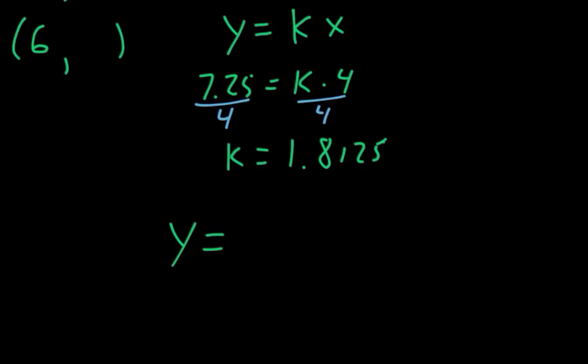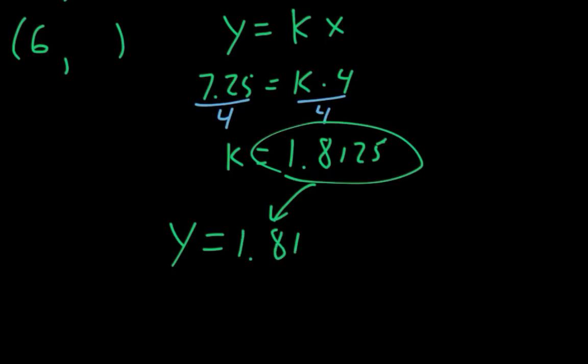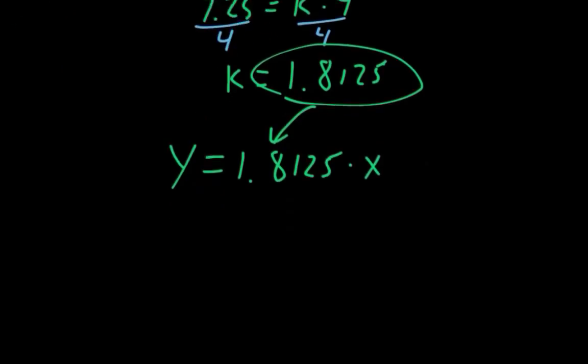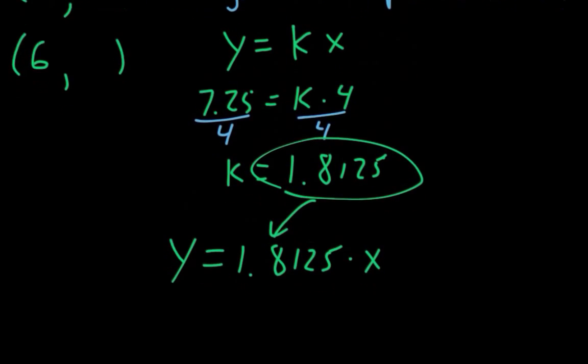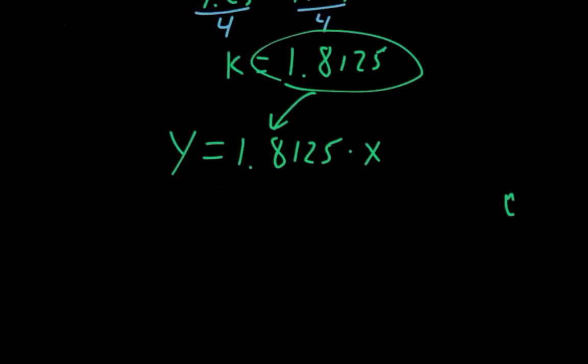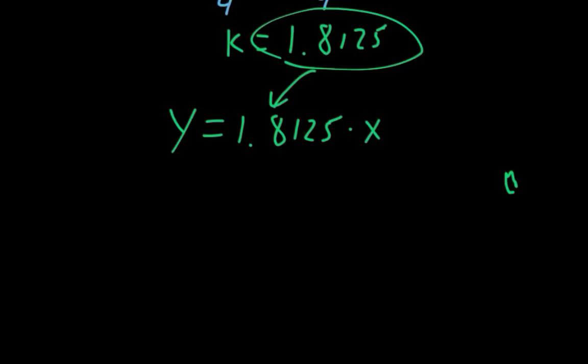Step 2 then is take the k and put it in that equation y equals kx. So instead of y equals kx, we have y equals 1.8125 times x. That's kind of what I was looking for in step 2. And now step 3 is, well, we're trying to find y when x is 6. So we just take 1.8125 times 6.